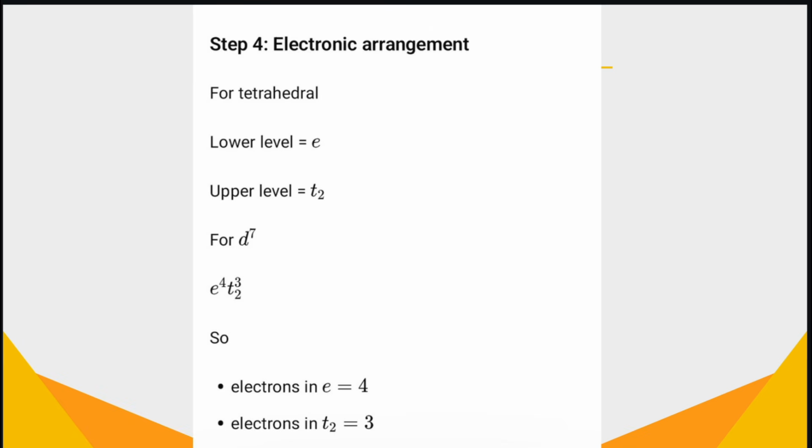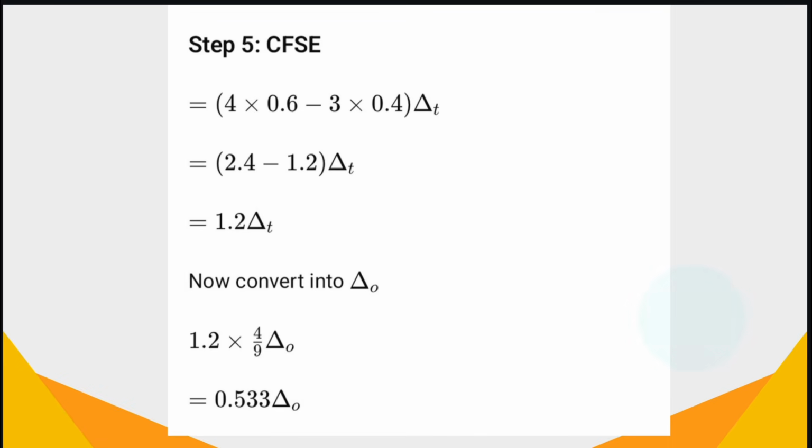Now in step 4 we will see the electronic arrangement. For tetrahedral, the lower level is e and the upper level is t2. For d7, we get e4 and t2 3 as the electronic arrangement. So electrons in e is equal to 4 and electrons in t2 is equal to 3. Now in step 5 we will calculate CFSE.